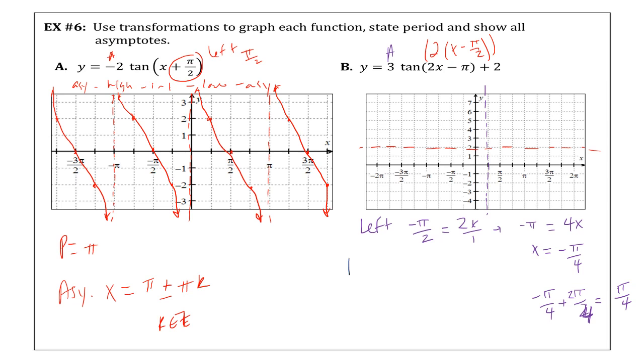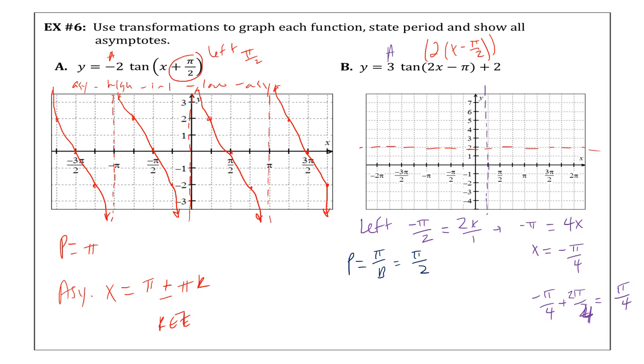So our period equals pi divided by our b, right? So for this problem, it's going to be pi divided by 2. So our period is pi over 2. So we're going to go half of a pi from here to here. If I'm at pi over 4, plus pi over 2 is going to put me at where?